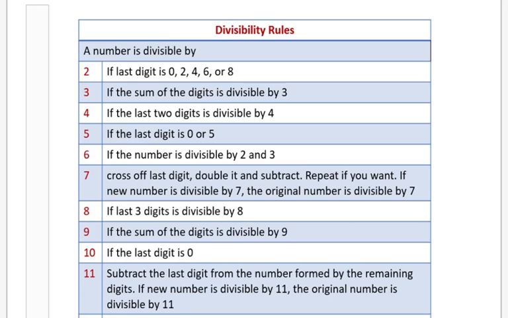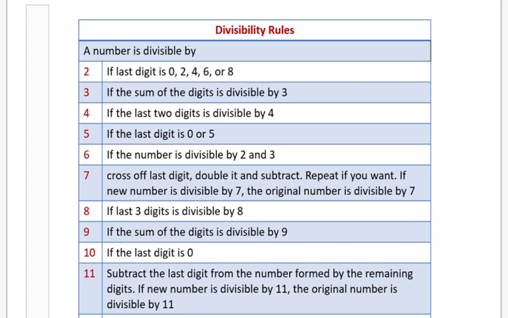Next example for the 9. If the sum of the digits is divisible by 9. Now check it for the 9. A number is divisible by 9 if the condition is what? Sum of the digits is divisible by 9. Next for the 10.